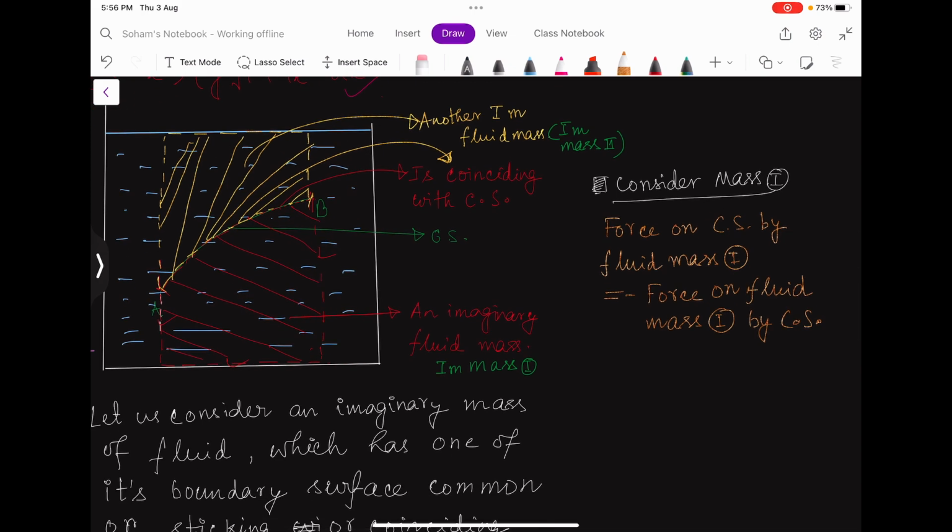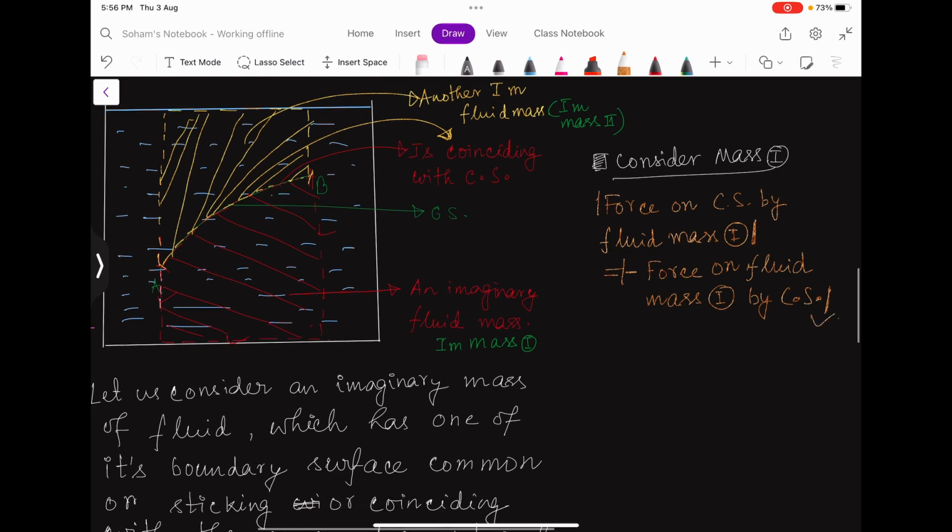So if I can find the magnitude of the force on the fluid mass 1, then I am done finding the force on the control surface.